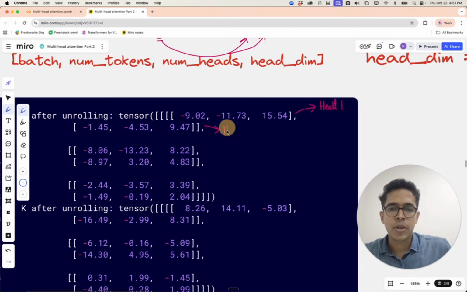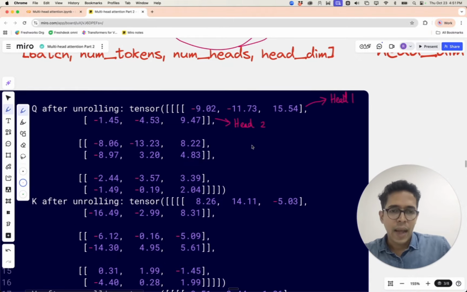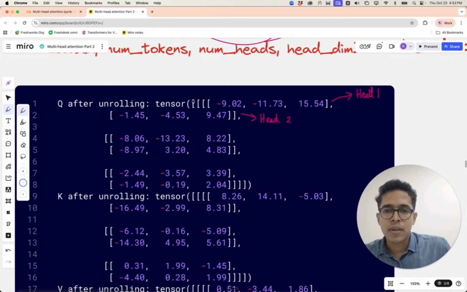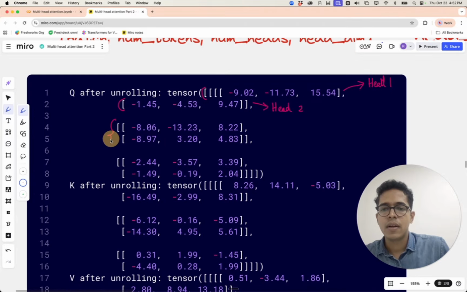This is corresponding to head number 2. And how many input tokens do we have in total? We had 3 input tokens going to both heads. So now this plus this is token number 1. This is token number 2. And this is token number 3.